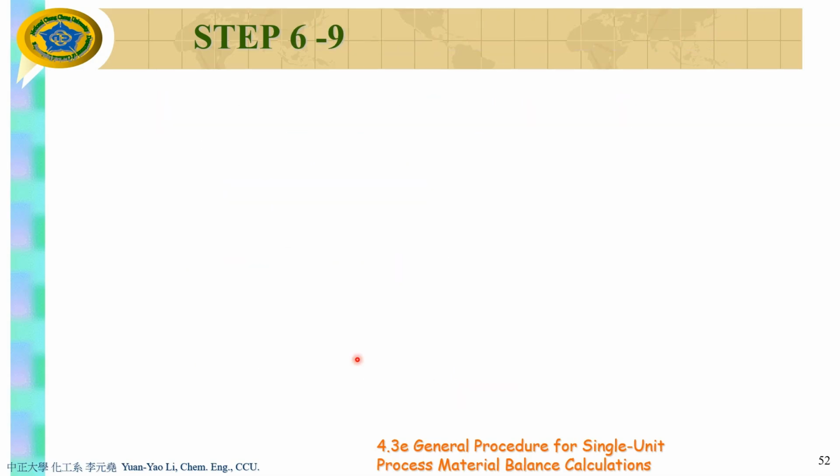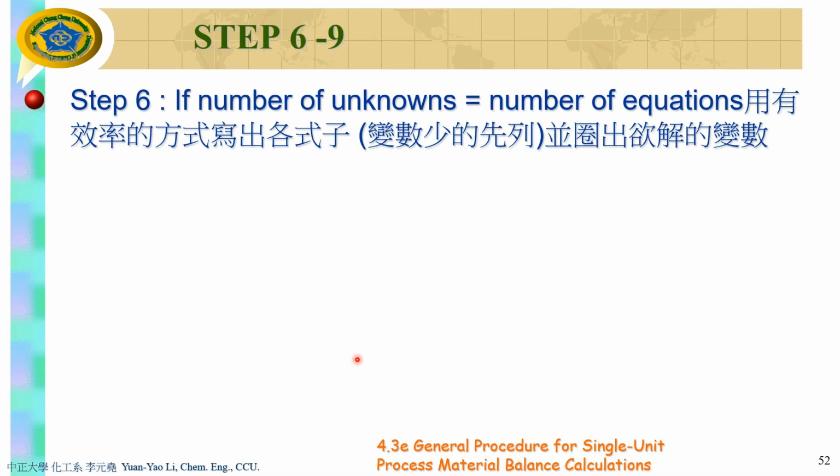Okay, from step 6 to step 9. Step 6 is if the number of unknowns equals the number of equations, like DOF equal to 0, that means bingo, you can get the unknowns. So you list up all the equations and start to solve them. Right, number 7. For example, you have 6 equations, and equation number 5 has only 1 unknown, so you can get the answer very soon.